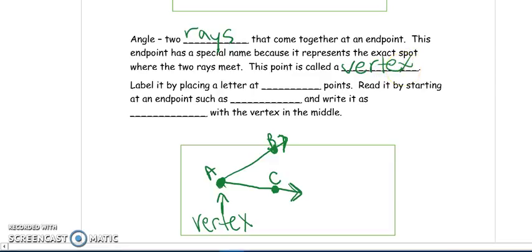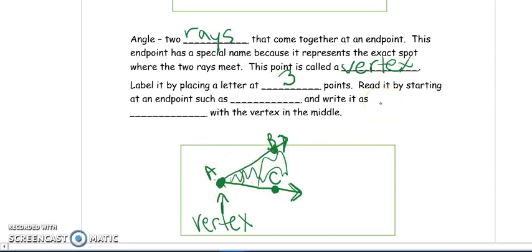We label it by placing a letter at 3 points. That's how we find an angle. We also draw a little arc in here so people understand we're talking about the size of this angle is everything inside. Okay? But we label an angle by these 3 points.